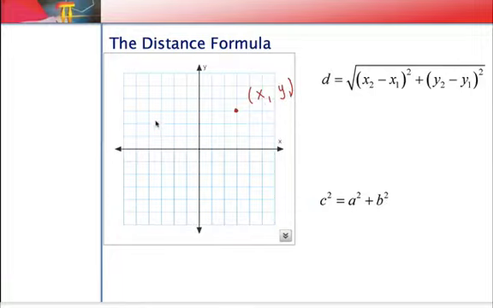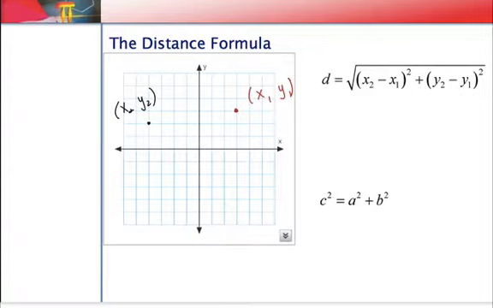And then we had another point somewhere else, maybe right here. Its coordinate we would call x2, y2, because it's the x coordinate of the second point and the y coordinate of the second point.